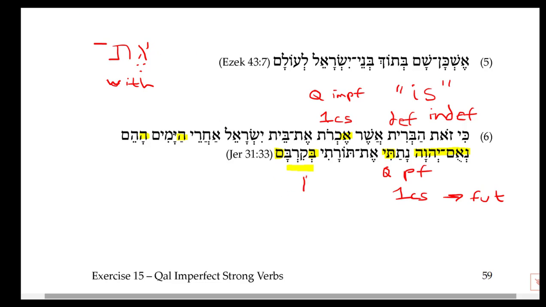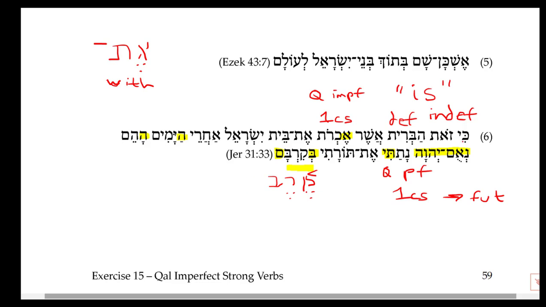So qof, resh, bet. And it has an accent on the second to last syllable, so kerev. And that just means, well, it can mean entrails, interestingly. It can also mean inward parts. And so in their inward part.